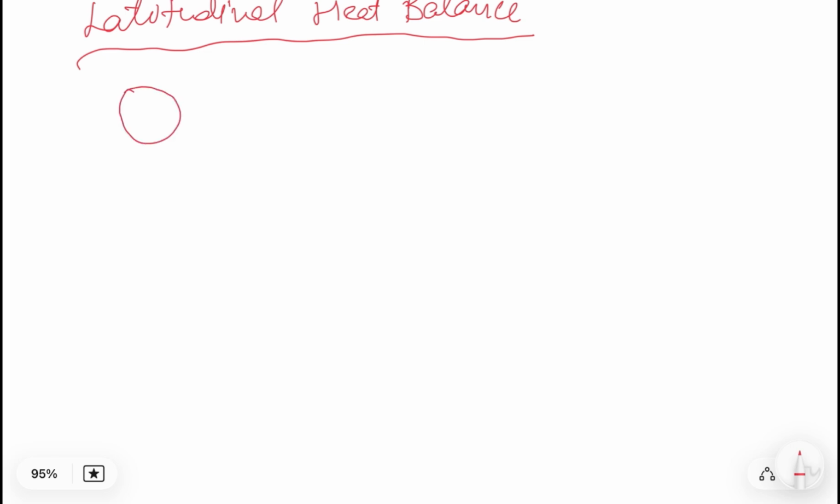This is our earth. At the lower latitudes we have more absorption, and at the higher latitudes we have less absorption.